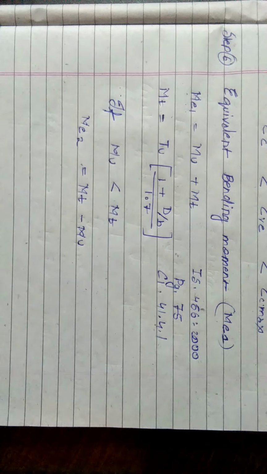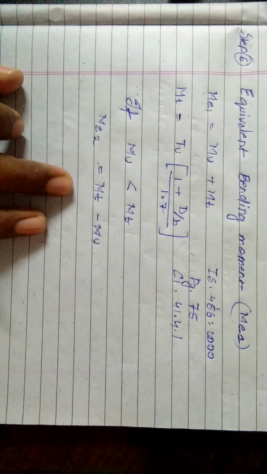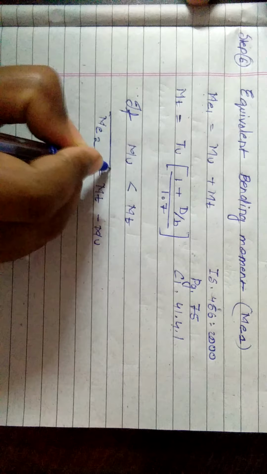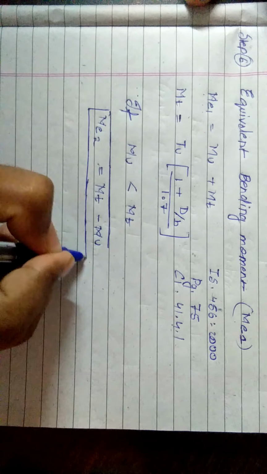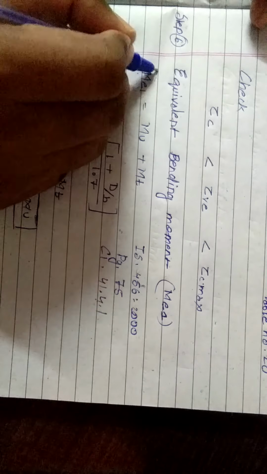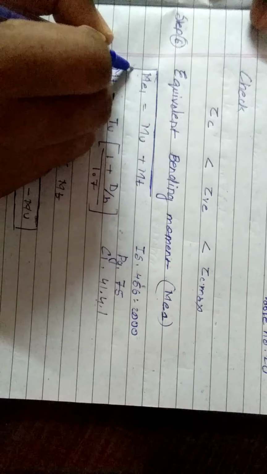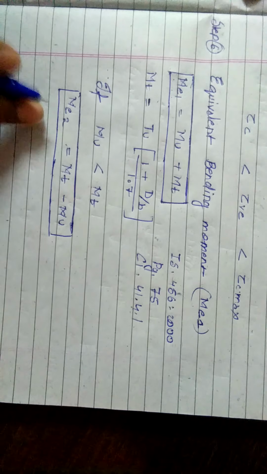Now next we will find the area of steel. I will just bracket it so that you will be able to understand more. This is for ME1 and this is for ME2. Now step number 7.